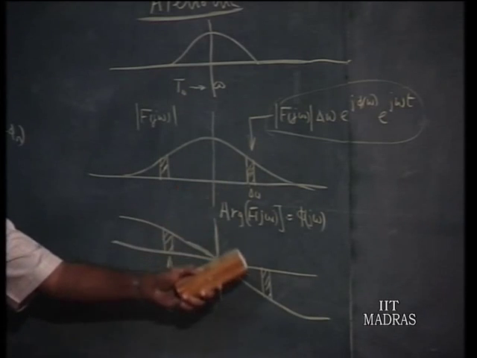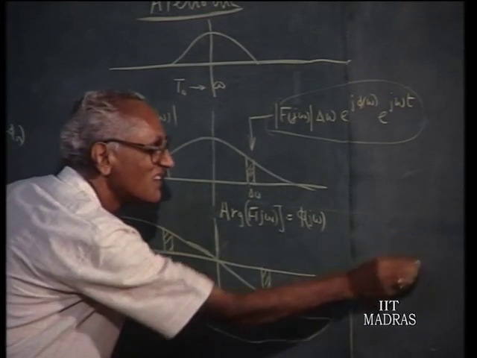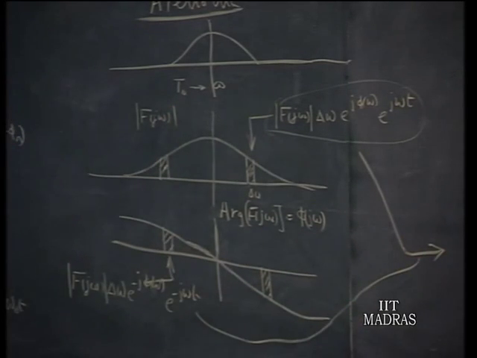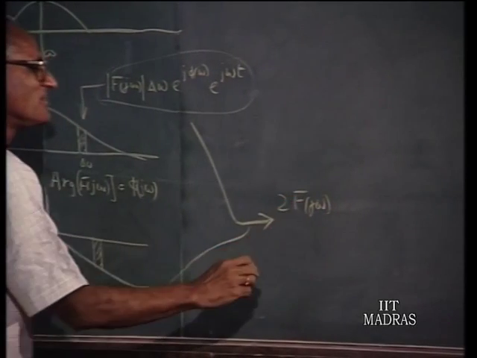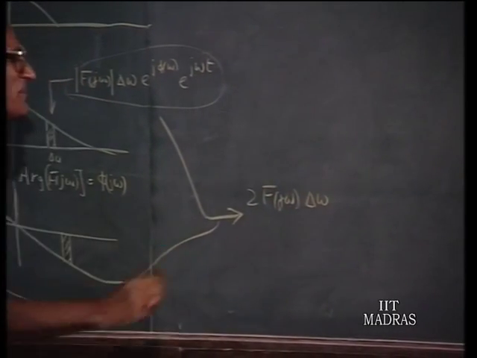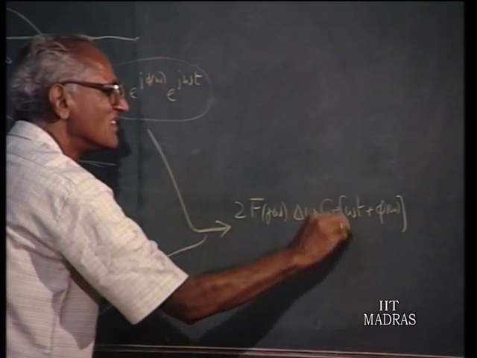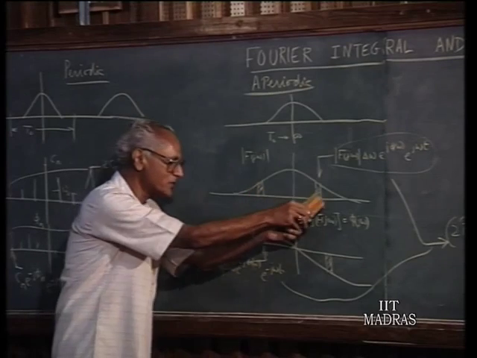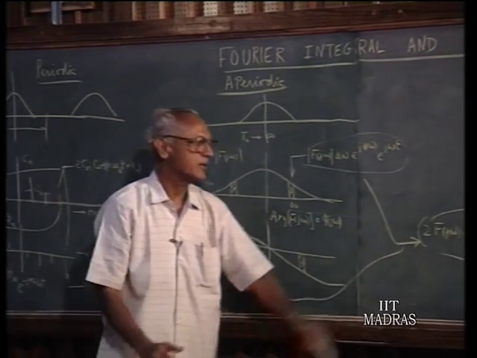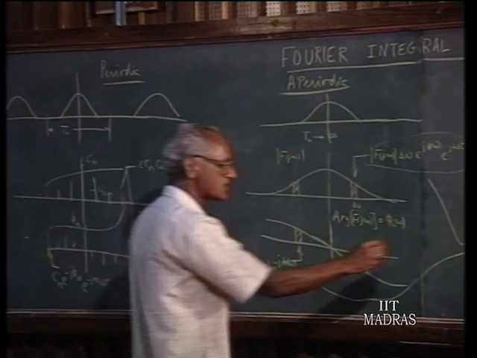So, this portion of the spectrum combined with this portion of the spectrum, if you combine these two, you will get 2 times F of j omega delta omega cos of omega t plus phi omega. So, even though you have components corresponding to negative frequency, what it really means is that for every negative frequency you have a positive frequency, and all together will yield a real function, a cosine term. This is magnitude, of course.